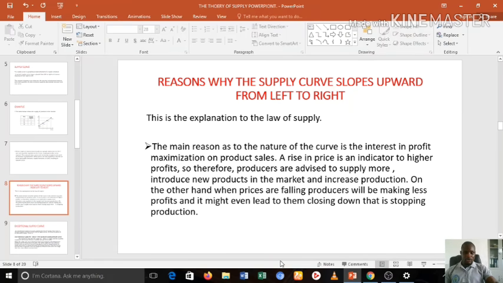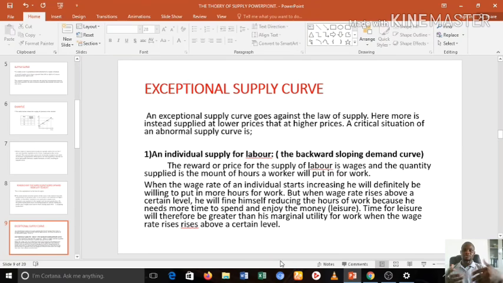So we now want to look at the exceptionalities, the exceptions to the law, the exceptions to the rule. Remember, when we were looking at demand, we also looked at the exceptions to the law of demand, which were factors that would make the demand curve not move downward from left to right.